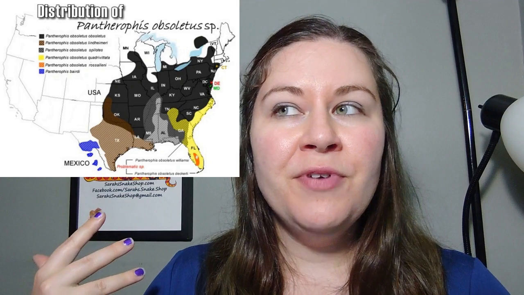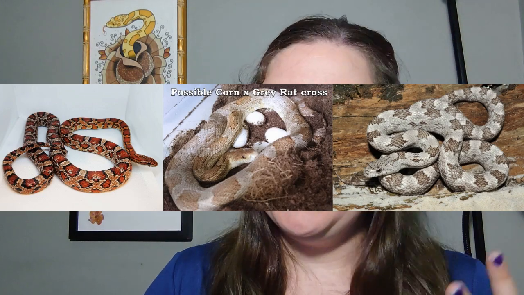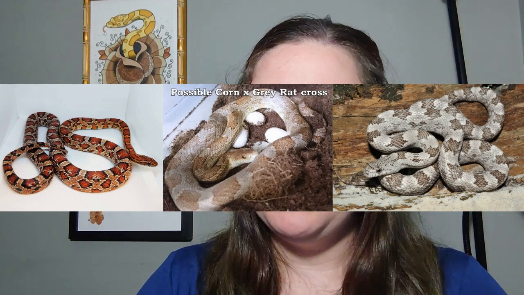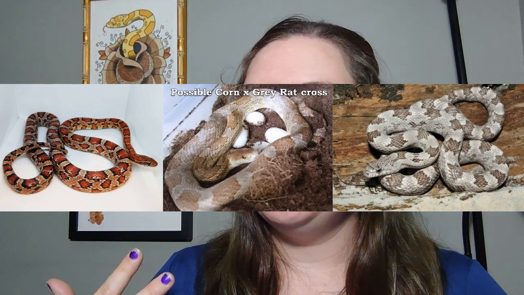The most famous or notorious version of this is the gray rat snake, which is Upsalata spiloides, if I'm saying that right. I'm not super great at saying all these terms, but I'm doing my best here. That is the gray rat snake, and the reason that it's notorious is because of the ultra G mutation.